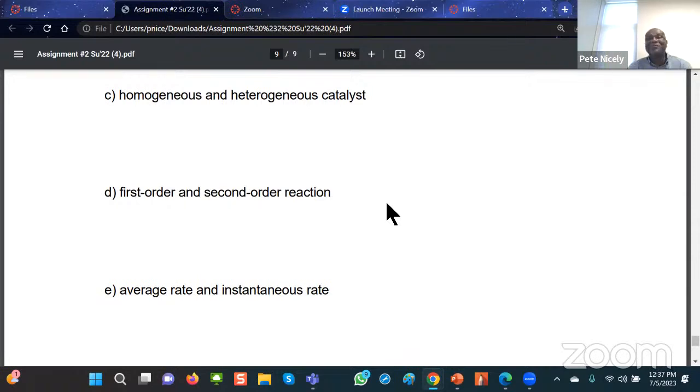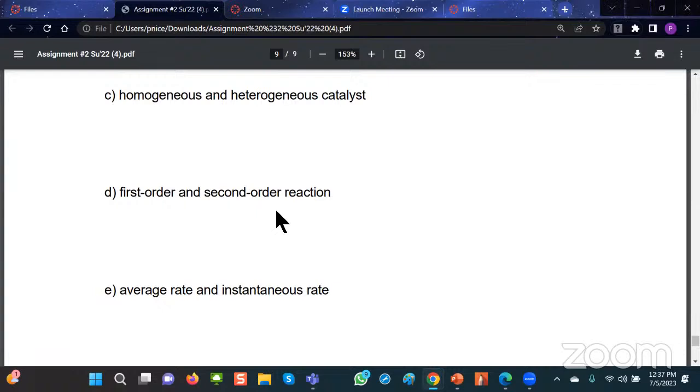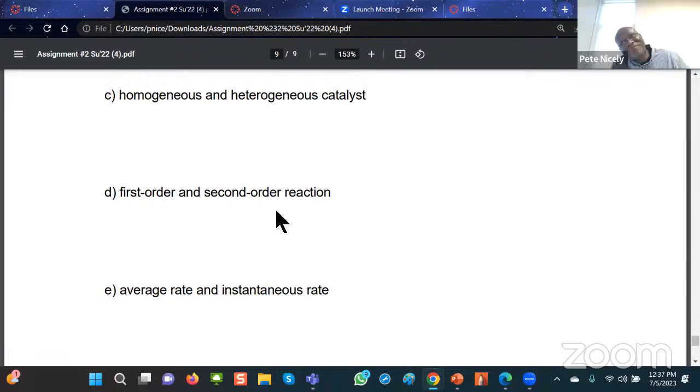We just talked about this earlier today. A first order reaction involves one of the reactants, and the second order reaction involves two of the reactants. Not quite. Who'd like to help her out?